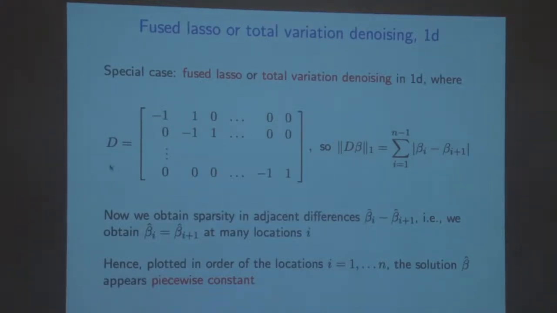And that's when it's the special class of problems where we take D to be a matrix of this form. So it has a -1 and a 1 in each row, and those -1 and 1s fall down in a bidiagonal fashion. Okay, so if I take D times beta, and beta is an n-dimensional vector, then D times beta is going to give me the pairwise differences in whatever the input is, beta.